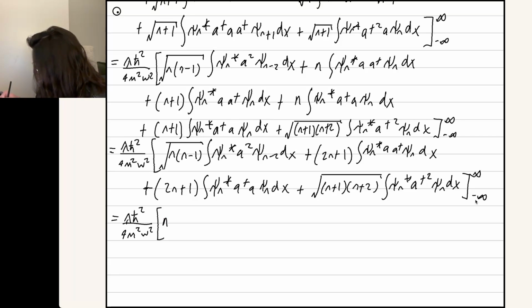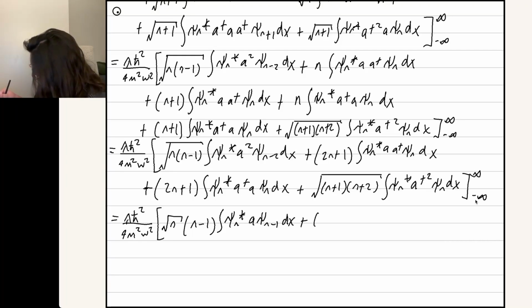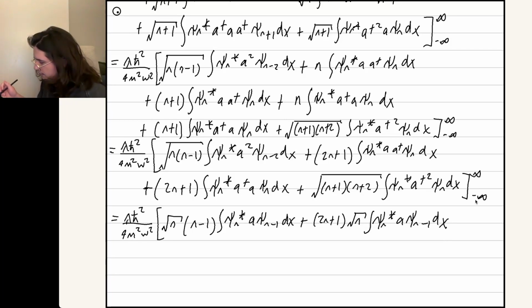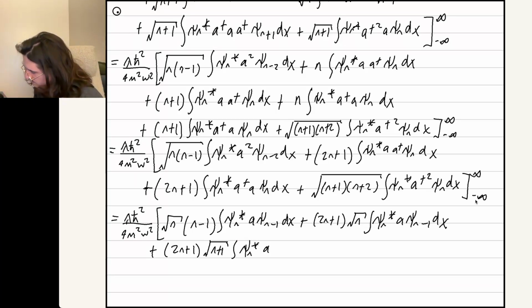So you'll get root n times root n minus 1, psi n star a psi n minus 1 dx, plus 2n plus 1 times root n, integral psi n star a psi n minus 1 dx, plus 2n plus 1, now featuring a factor of root n plus 1, integral of psi n star a dagger psi n dx, plus a lowering operator.